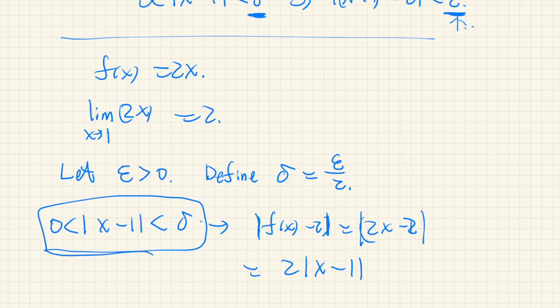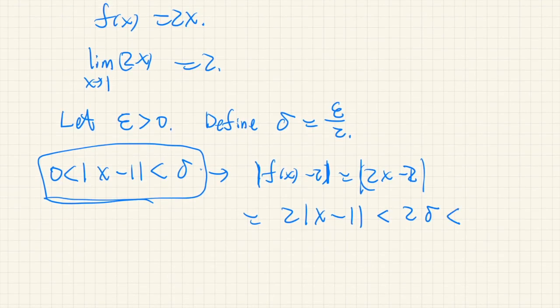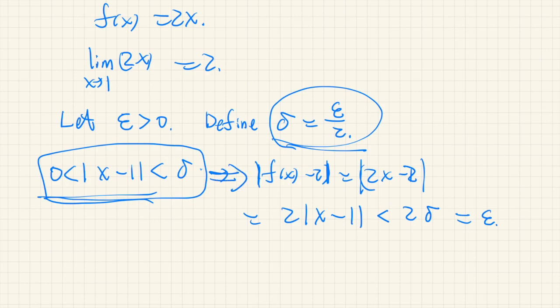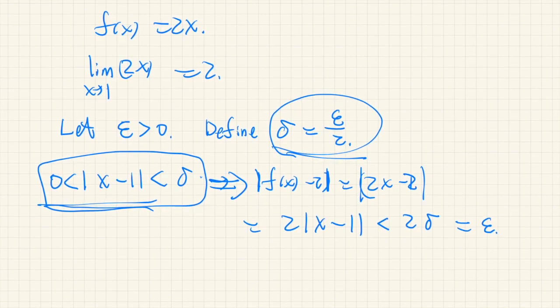We're assuming this, so this is less than 2 times delta. But delta is half of epsilon, so this equals epsilon. So if we set delta like this, then the difference between f of x and 2 is less than epsilon. That means for any epsilon we can find an appropriate delta. Therefore, the limit of this function is 2.